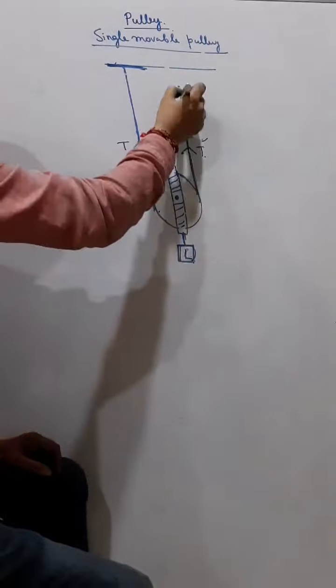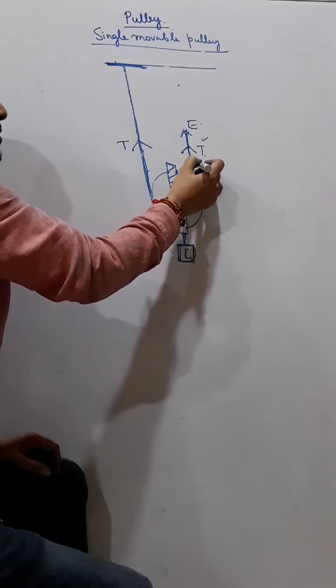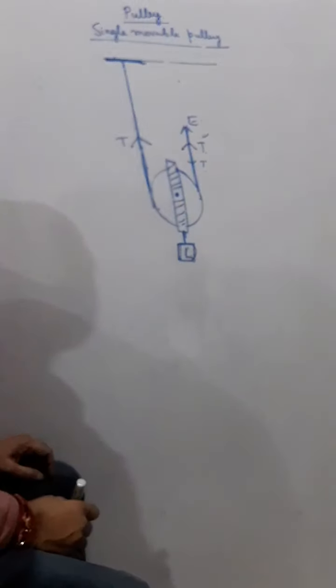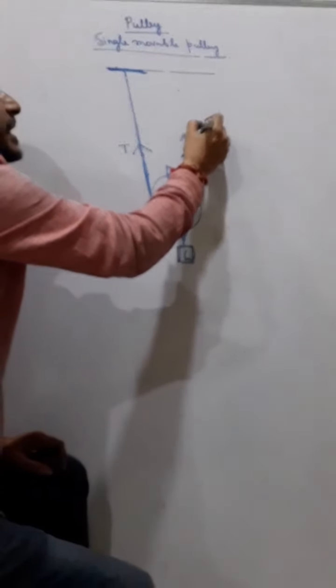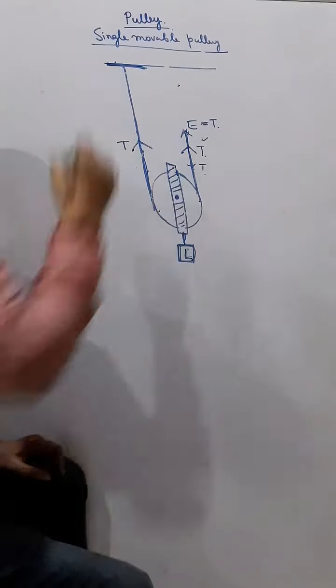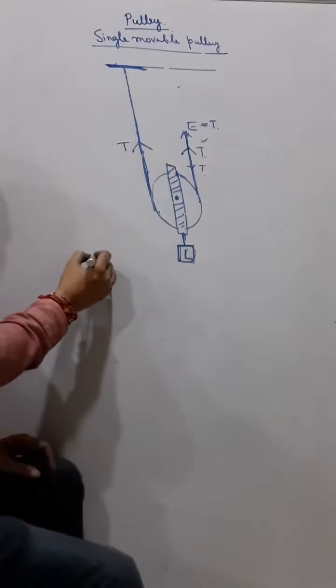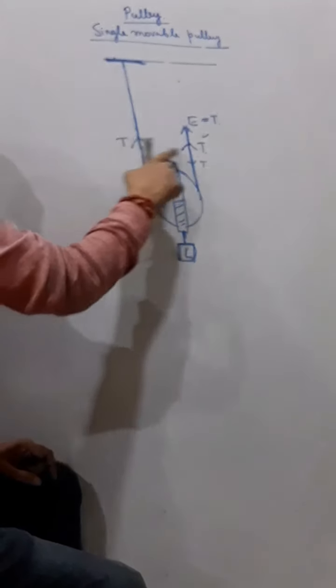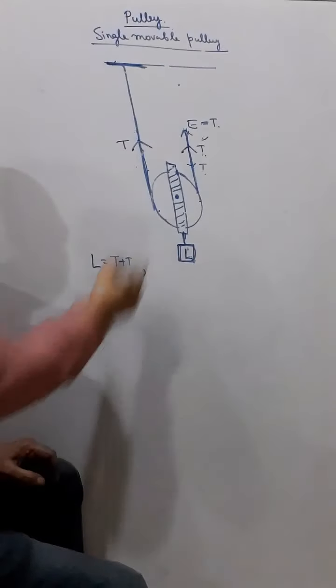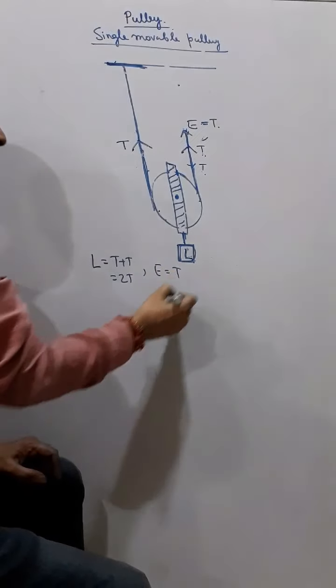Due to this effort there will be a tension in the downward direction, T. So I can say effort equals T. Finally we can say load is equal to T plus T, that is 2T, and we are applying effort only equal to T.